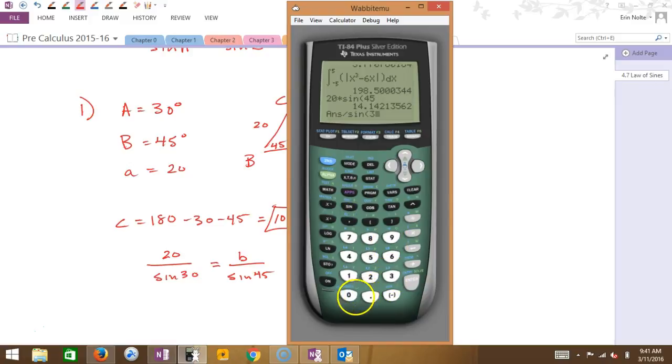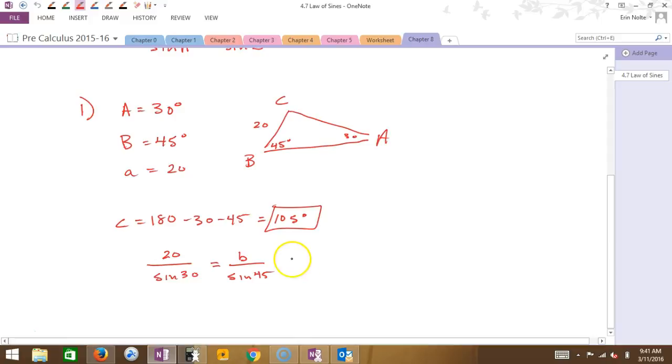Everybody okay with cross multiplying? Do I need to go over cross multiplication? Excellent. So anybody else get 28 point... oh, let's call that 3. Okay. So b is equal to 28.3. Okay, how am I going to find side c?